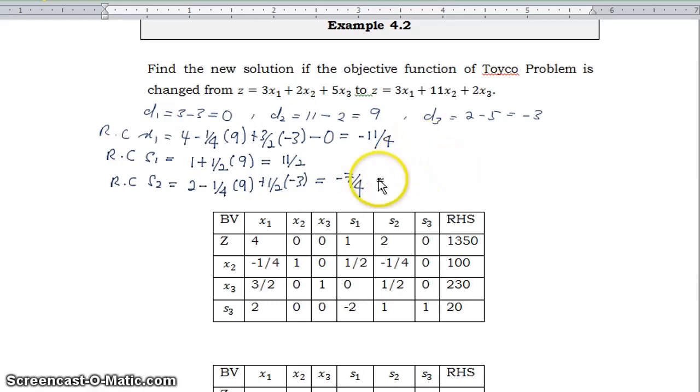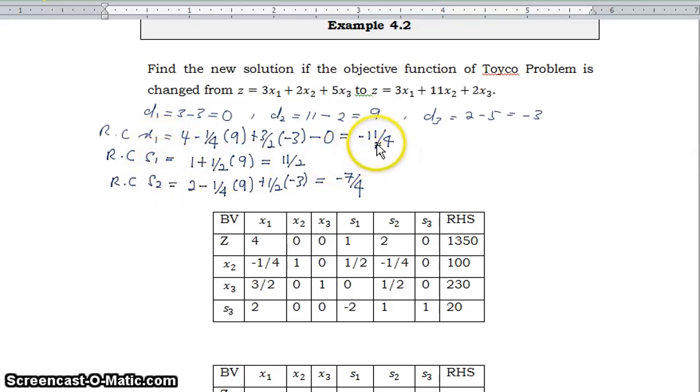Remember the objective function of this problem is to maximize the revenue. We have a maximization problem. To remain the current solution optimal for a maximization problem, the coefficient of every NBV must be non-negative.